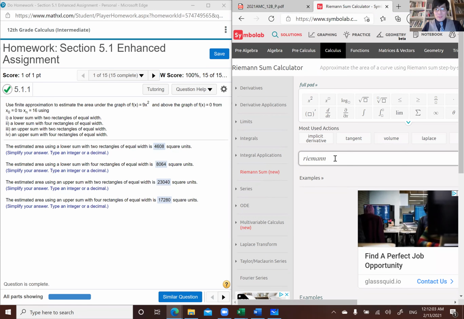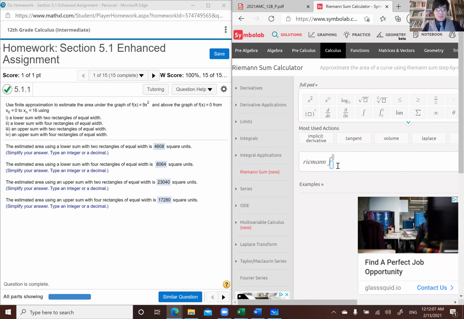When you go to Riemann sum, you will need to type the definite integral. In this case, the lower number is the left end of the interval, and this one is going to be the upper end of the interval, in this case, 16. The function you want to use is 9x squared dx.